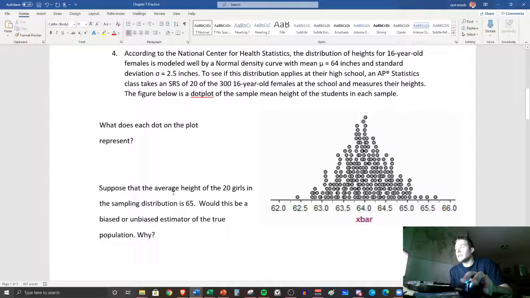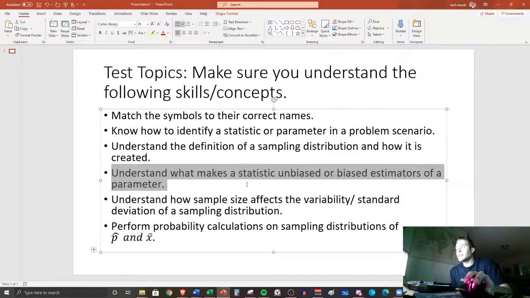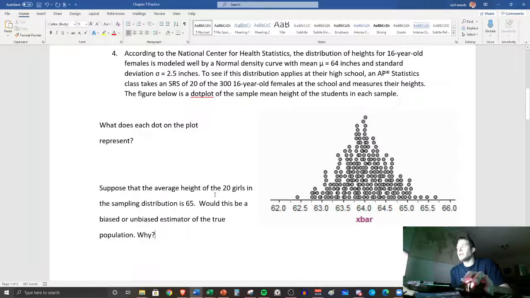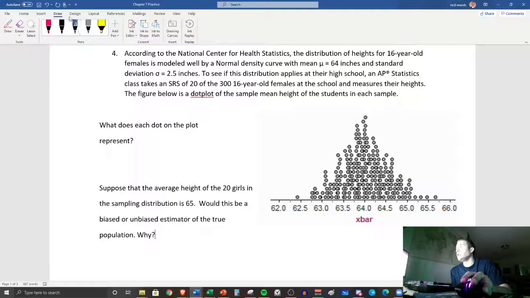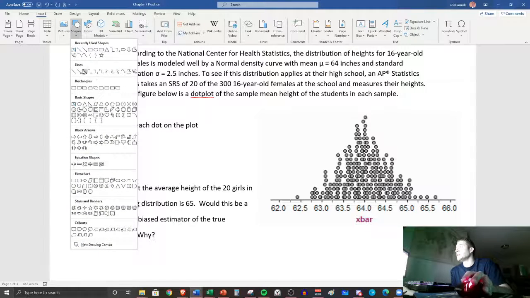It says, suppose that the average, so here's the next topic as well. Understand what makes a statistic unbiased or biased estimators of the parameters. So it says, suppose we take an average height of 20 girls in the sampling distribution and it's 65. Would this be a biased or unbiased estimator of the true population? So we've drawn these lines. If I can find my draw tool shape. Yeah, here we go.